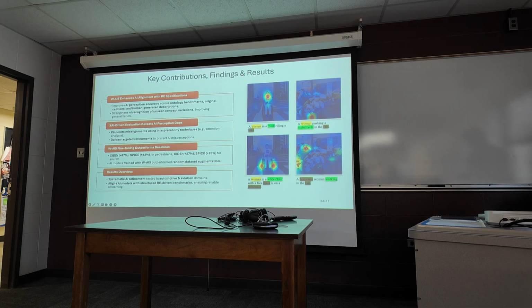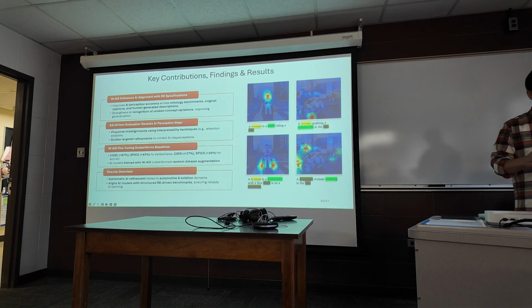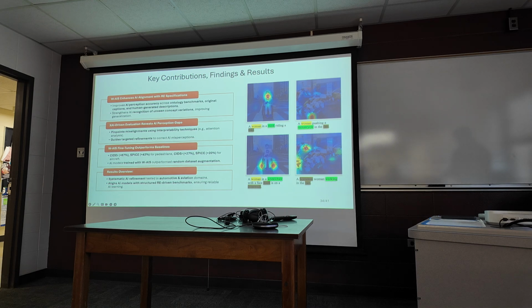In our test, VIS significantly improved the performance for pedestrians: SacreBLEU rose by 67%, SPICE rose by 43%, and semantic similarity went from 29 to 38. In the aircraft domain, SacreBLEU improved by 27%, SPICE went 20% up, and similarity went from 48 to 54.